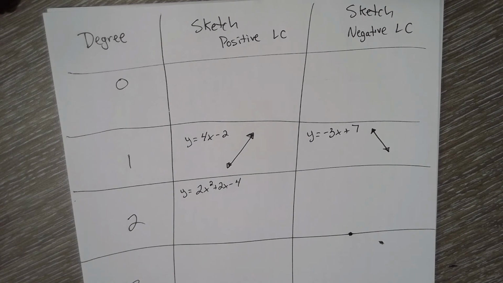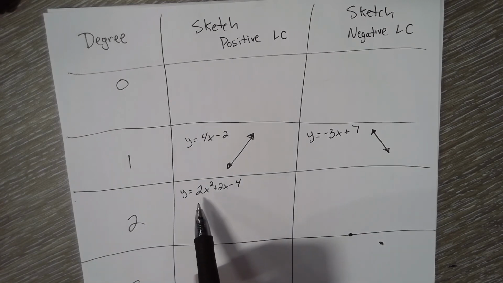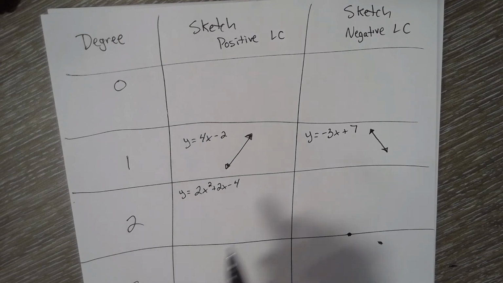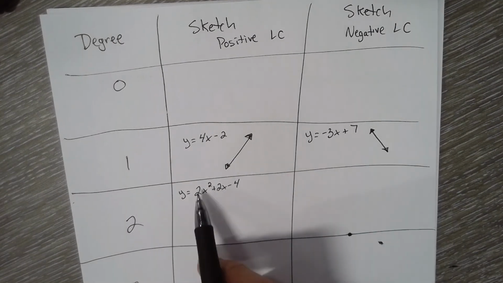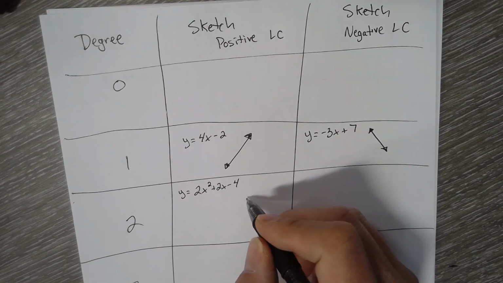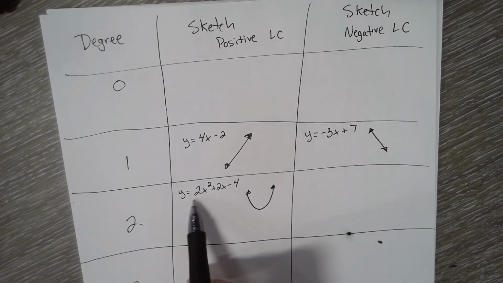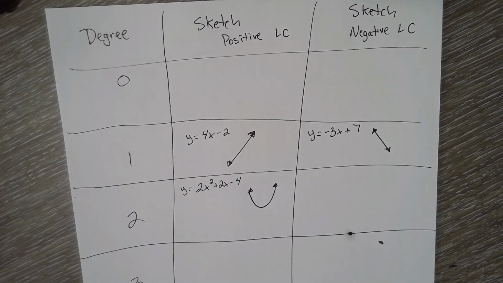Do we remember if this parabola would open up or down? He says up with a big yawn. Yes, that is a parabola that opens up because the leading coefficient is positive. So a sketch would look like this. As long as that number out front is positive, our parabola is going to open up.